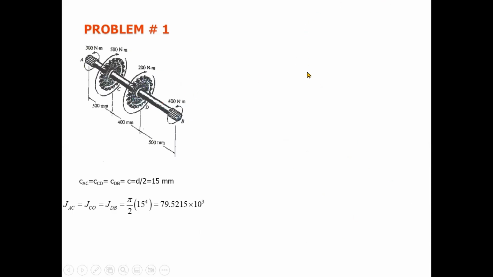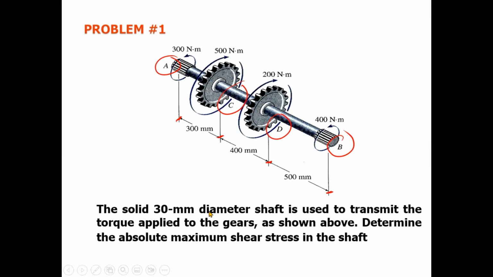Now we have to determine C first. C is the radius. The solid bar has a 30 millimeter diameter, so the diameter divided by 2 is the radius. C for AC, CD, and DB will be the same: C equals diameter over 2, which is 15 mm.